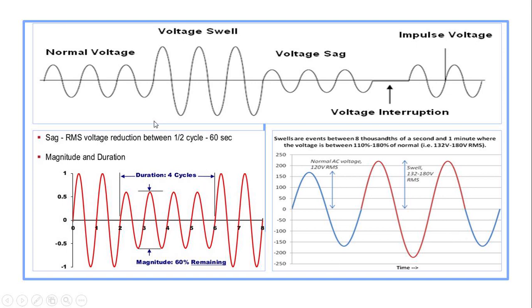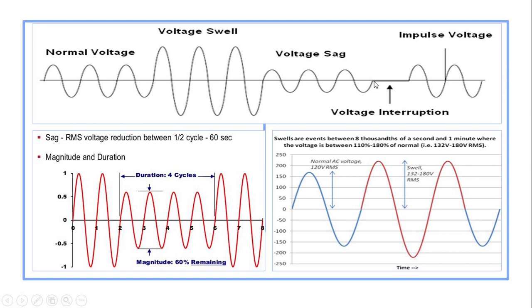Here, this is the picture representing voltage sag and voltage swell interruption. So this is the normal voltage. When your voltage is increased from 110% to more than that, then it becomes a voltage swell. If voltage is decreased below 90%, then it is a voltage sag.